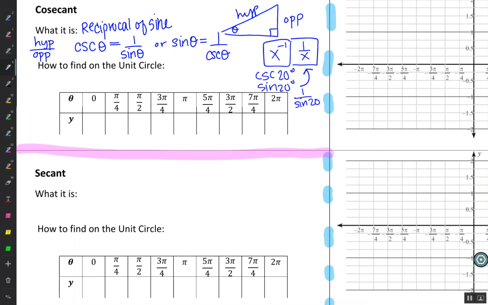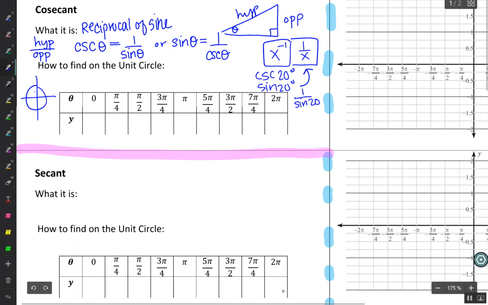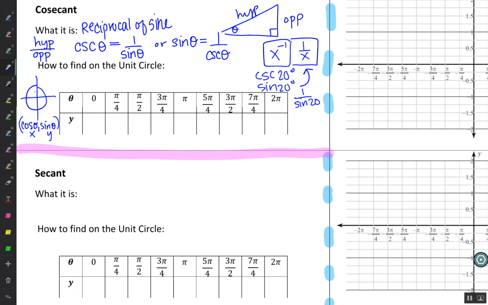Alright, so how do we find it on the unit circle? Since the unit circle has cosine, then sine, right? The sine is the y coordinate, the cosine is the x coordinate. The sine is just going to be whatever the y coordinate is flipped over. So 1 over the y coordinate is essentially how we find it. So let's do an example.